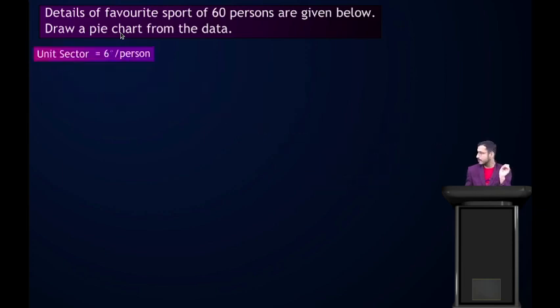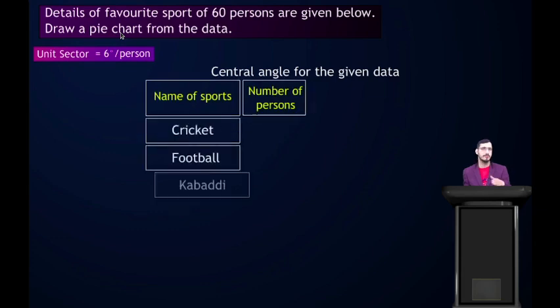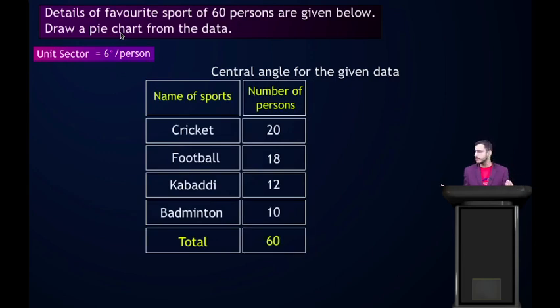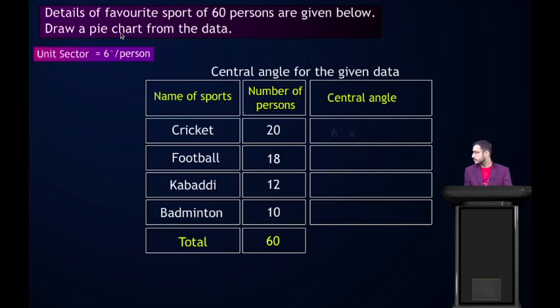Now draw a table like this: central angle for the given data, name of the sports and number of persons. Name of sports: cricket, football, kabaddi, badminton, and number of persons 20, 18, 12, 10. Now multiply the number of persons by unit sector. 20 into 6, that is 120 degree.